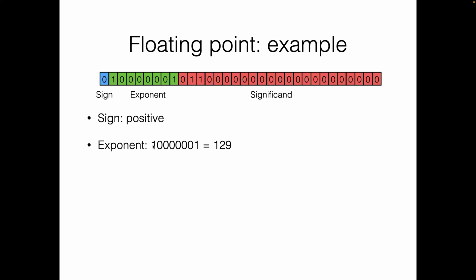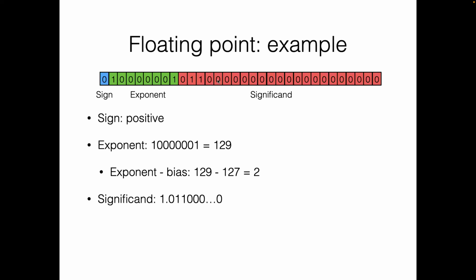So this is 128 and this is 1. So we have 129. And then as I mentioned, you typically have this bias. So for this version of floating point, this is floating point 32. There's 32 bits. They use a bias of 127. And so actually this exponent represents the number 2.